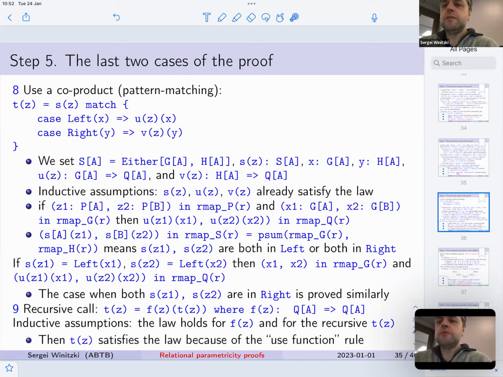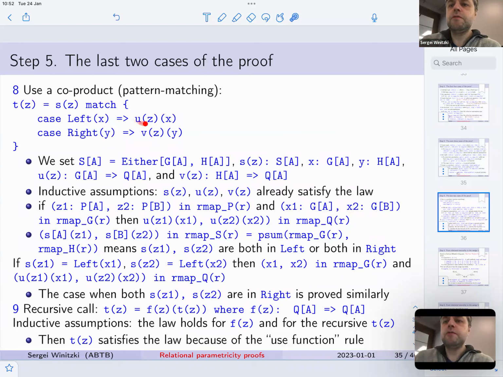So the inductive assumptions are that the functions U, S, and V already satisfy the law, which, for example, means that when Z satisfies that law, when there are some values x1 and x2, which are here, then U of Z1, x1, U of Z2, x2 are in the relation lifted to Q. Now, Q is a result type of this entire pattern match.